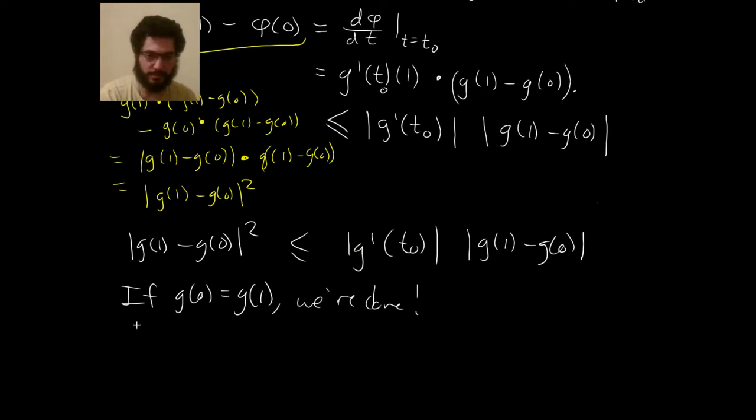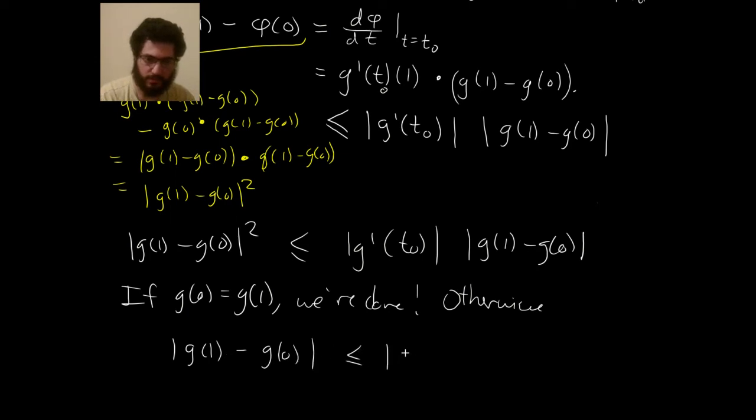And otherwise, we get this from dividing out g of 1 minus g of 0, and I look puzzled there because I think I just found the typo that I mentioned.